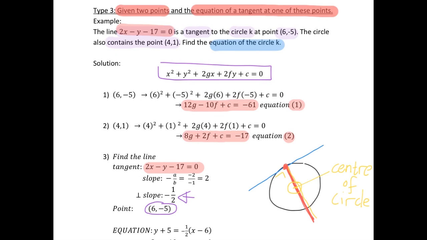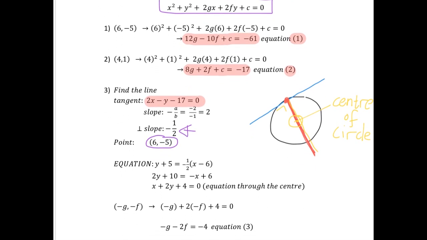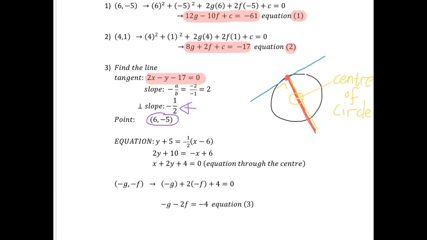So just one step at a time, we know the slope of the line going through the center. It was minus a half. We know a point on that line, the point of contact, so this point here is (6, -5).